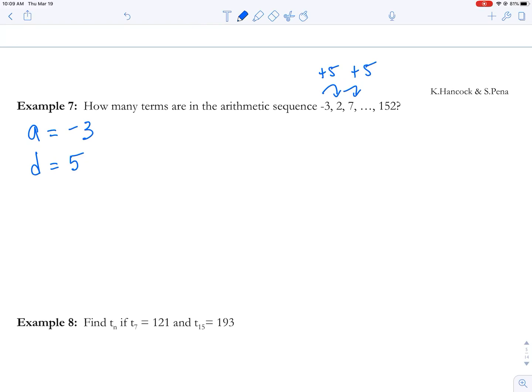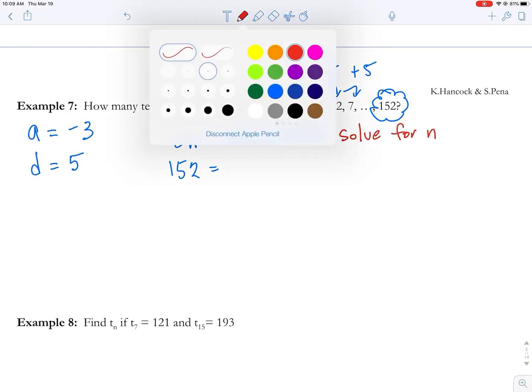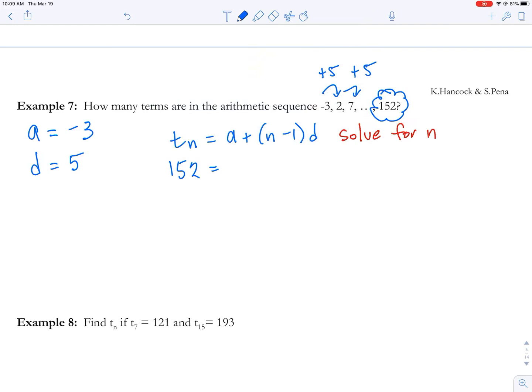And we don't know what term this last number is, but if we were to write our expression for a general term, it would be Tn equals a plus n minus 1 d. So 152, we don't know what term it is, so we're actually going to be solving for n. We know that a is -3, plus n minus 1 times d, which is 5. This is what we're going to be solving.